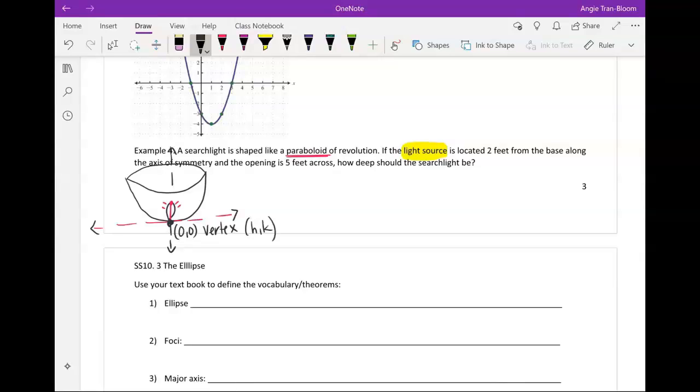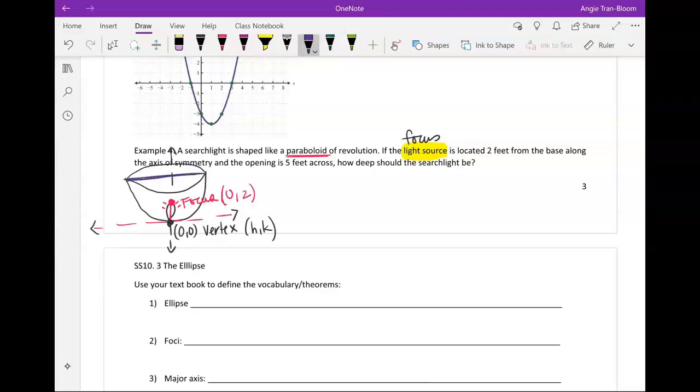Now the word light source, this is where the focus is. They gave it to us. The focus is right now at 0, 2. The reason I know 0, 2 is because this is a parabola opening upward. And then they even went further and said, okay, well, the opening is 5 feet across.